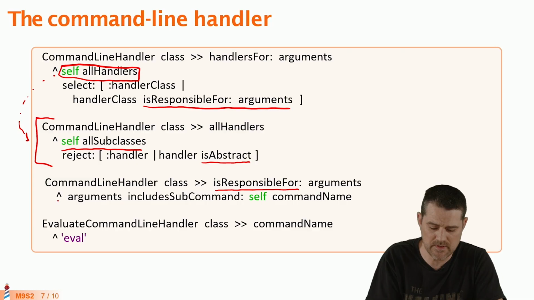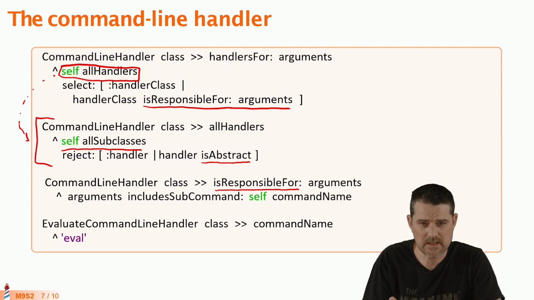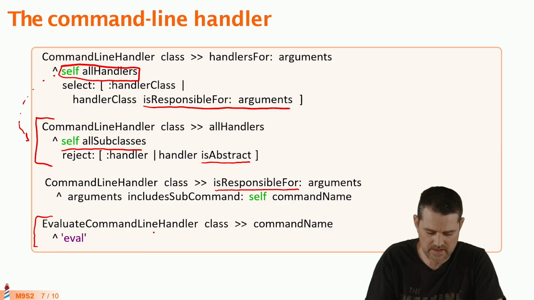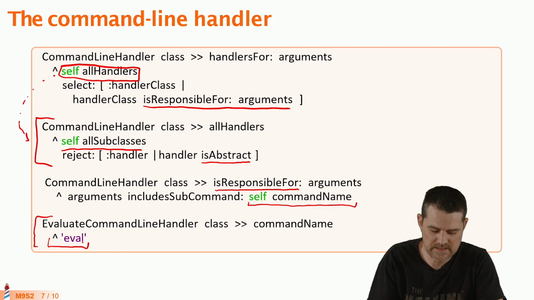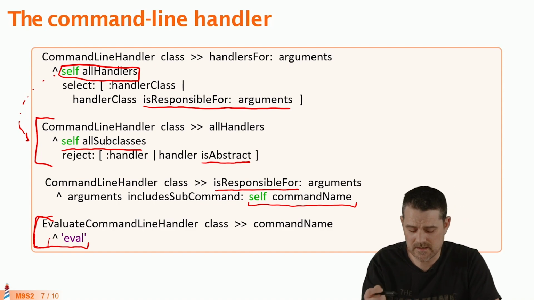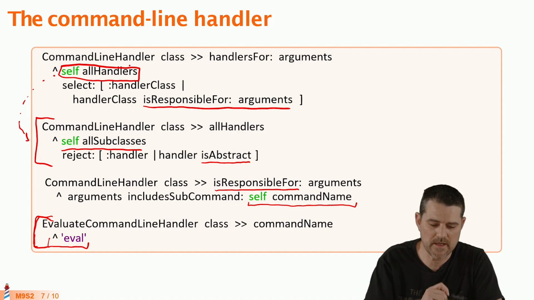I pass the arguments and it answers a Boolean if this class can deal with this kind of command. Then in a subclass, the evaluate command line handler, I have a hook method, self command name, that is redefined and just returns eval. So all commands that start with the eval keyword will be handled by this class, evaluate command line handler. This design is completely extensible by adding new subclasses of the command line handler.